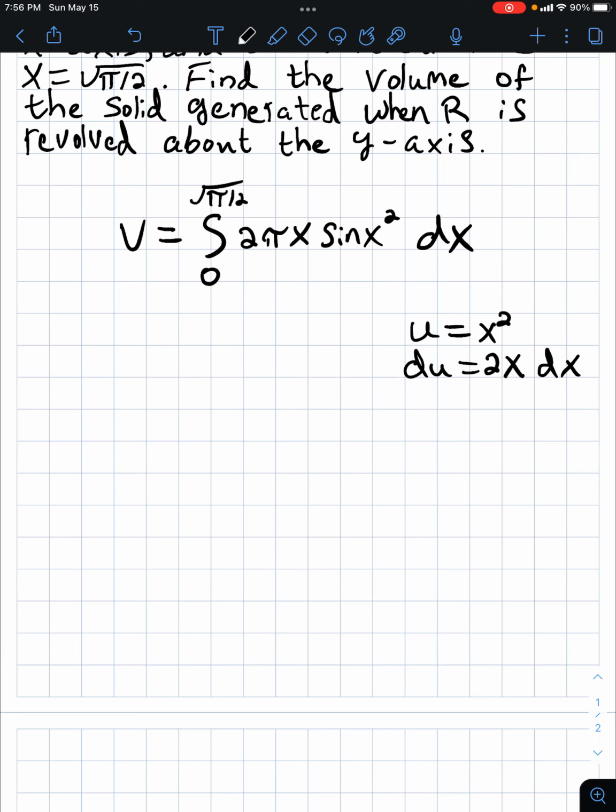Let's now change our boundaries and pull out the pi. So we have pi times the integral, where 0 squared is 0 and the square root of pi halves squared is pi halves. We get sine of u, and we have du as 2x dx, so we'll just write du.